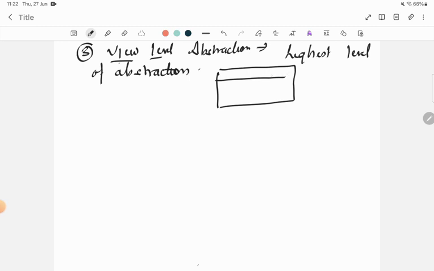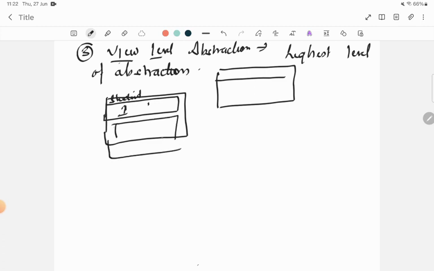For example, in a student information system, you are not going to interact with the tables. Rather, you get a UI where there is a field for student ID. If you want to search for any student, you put the student ID in that tab, and then you get all the information of that student. This is called the view level.